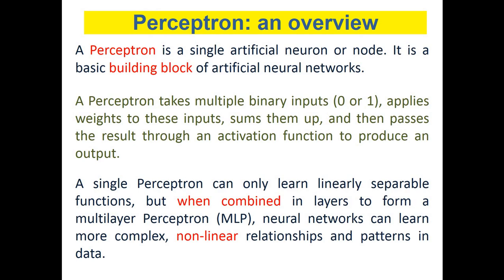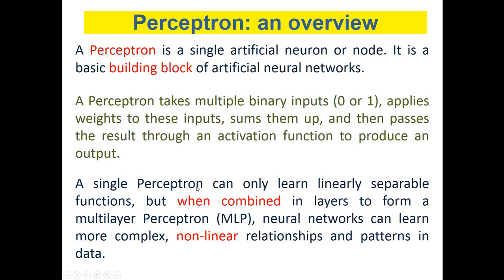And what is a perceptron? Perceptron is a single artificial neuron or a node. It is the basic building block of any artificial neural network. The inputs are always binary. Perceptron takes multiple binary inputs, applies weights to these inputs, sums them up, and then passes the result through an activation function to produce an output.